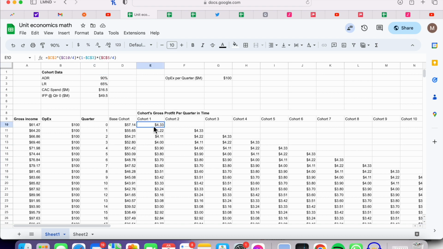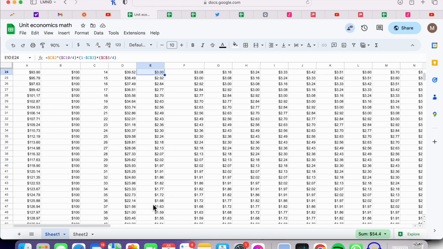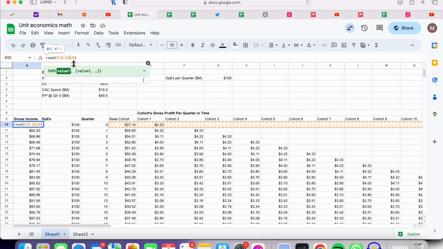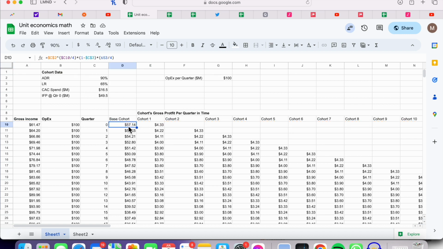And so over time, each cohort is going to decay away essentially, but you can stack each cohort on top of each other and put together a pretty nice model to look at what gross income each cohort is making. For example, for the next quarter, you look at what the base cohort produced, plus what this next quarter's additional cohort would produce.